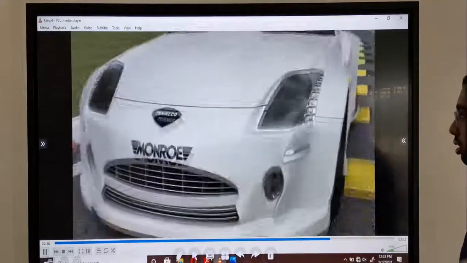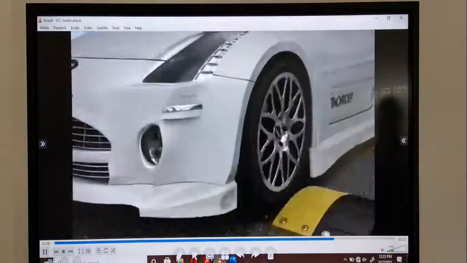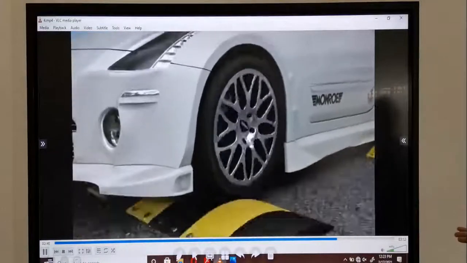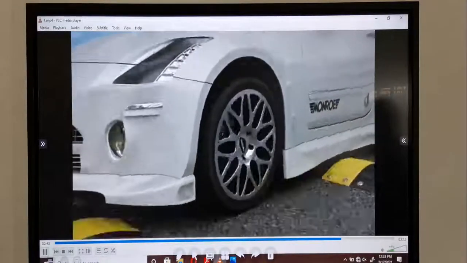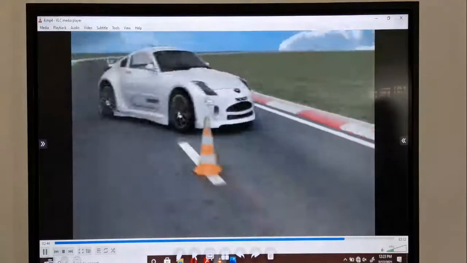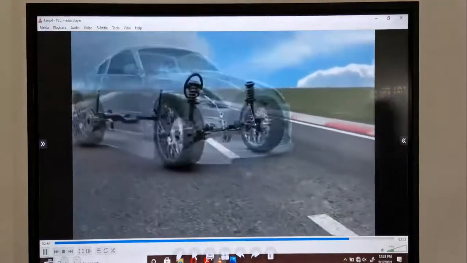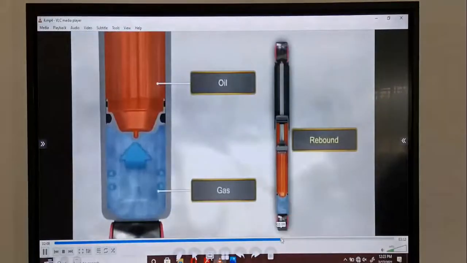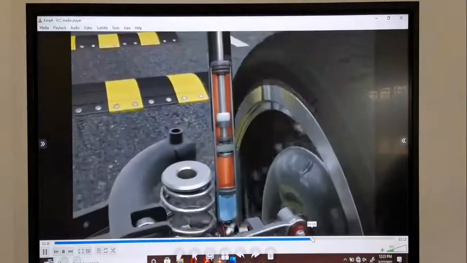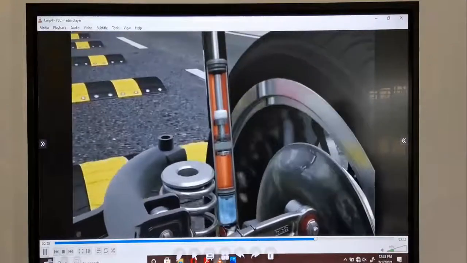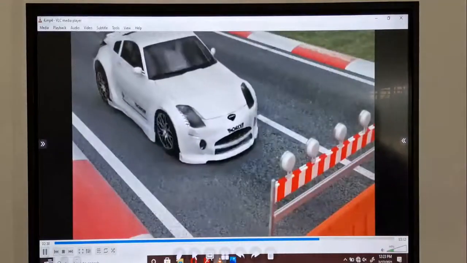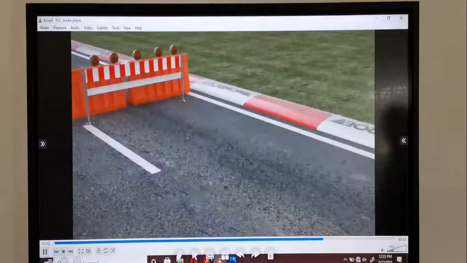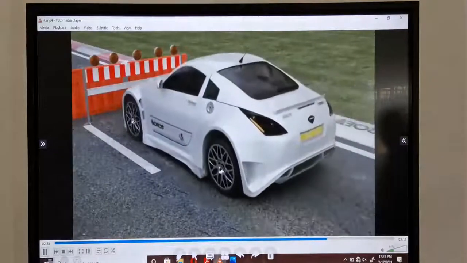So this gas prevents that oscillation. Here the gas also works as damping. It reduces the amplitude. As you can see.